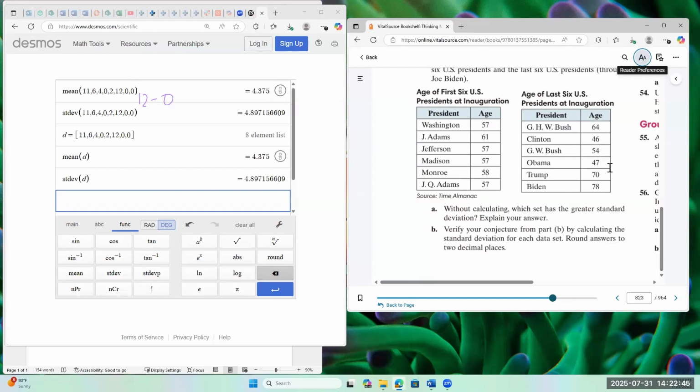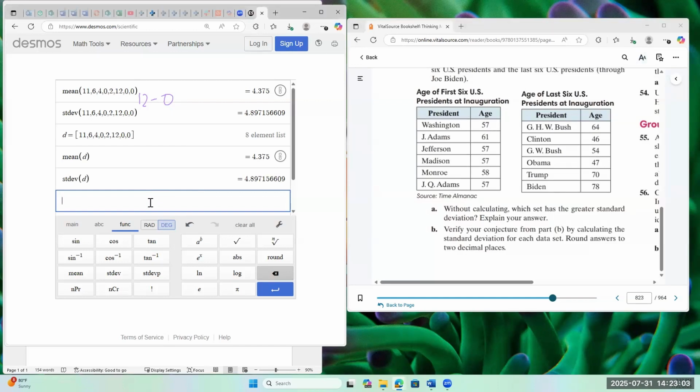Now for these, we've got Obama who was only 47, and then Biden who was 78. So quite a range there. Just from looking at the data, you can get an idea of what the difference might be.